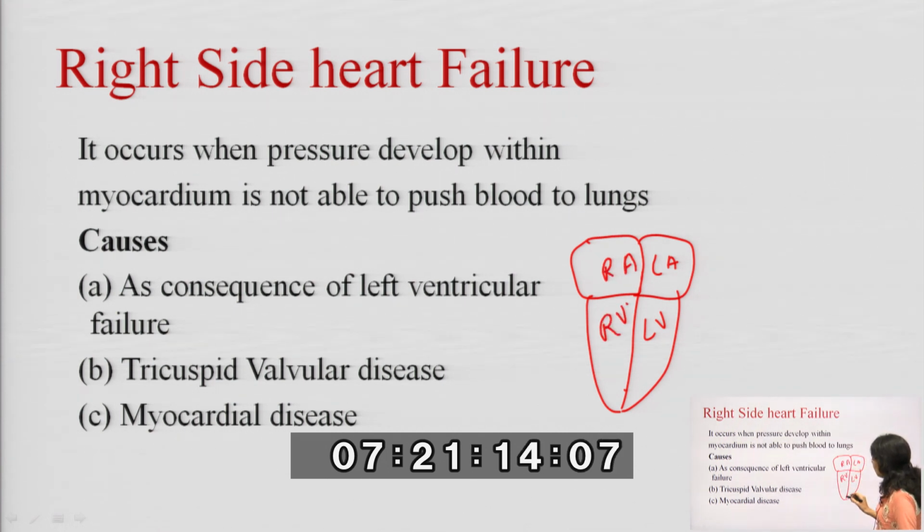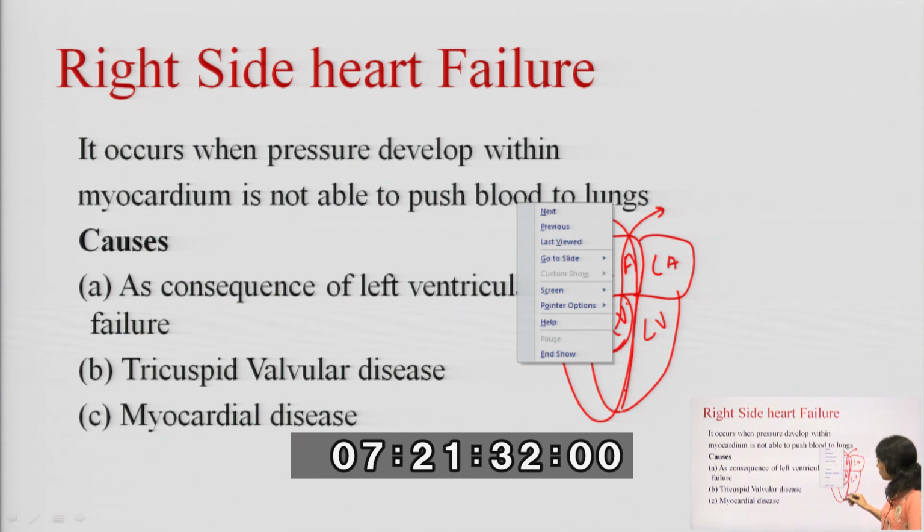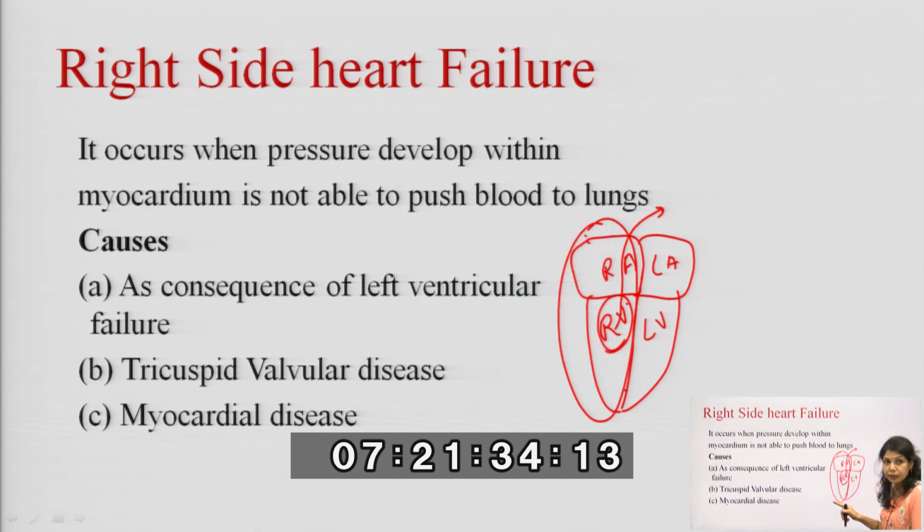In right side heart failure, the right ventricle is not able to push the blood to the lungs. From the right ventricle the deoxygenated blood is pumped into the lungs through the pulmonary artery. So, this right ventricle is not functioning properly, leading to right side heart failure.